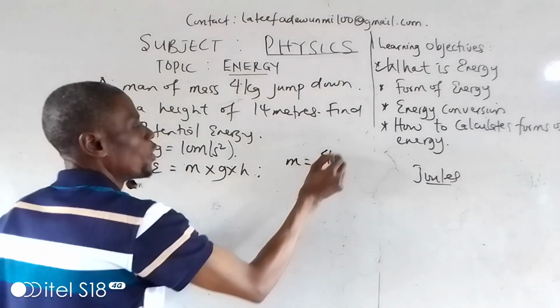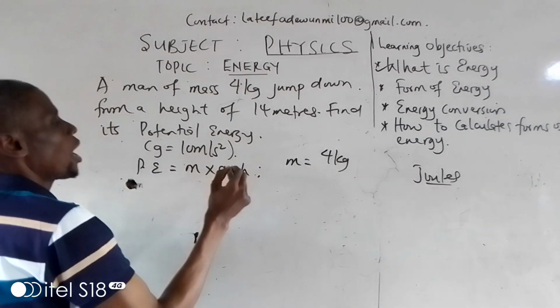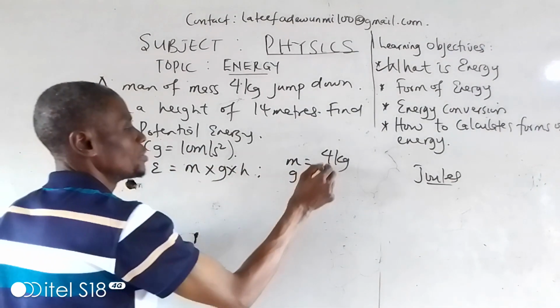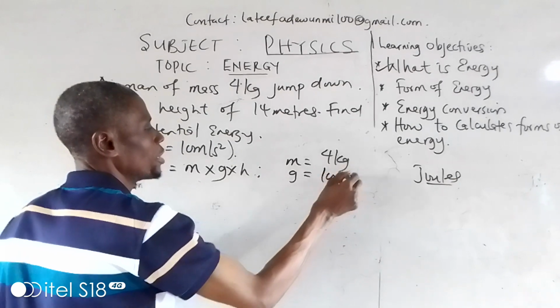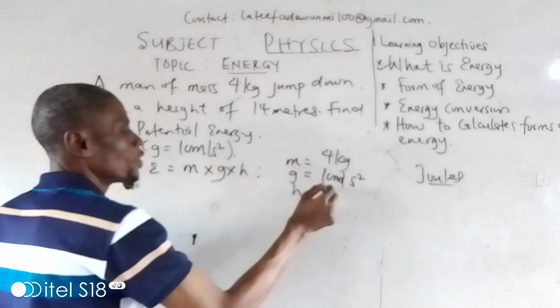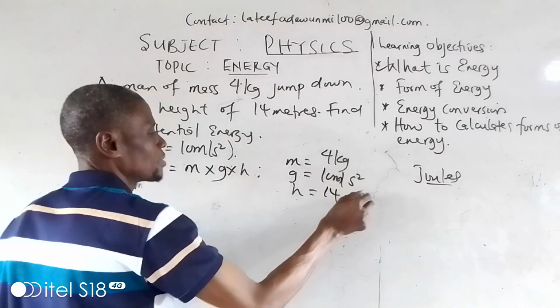Our mass is 4 kilograms. Our G, we are to give it 10 meters per second square. What about our H? The height given is 14 meters.